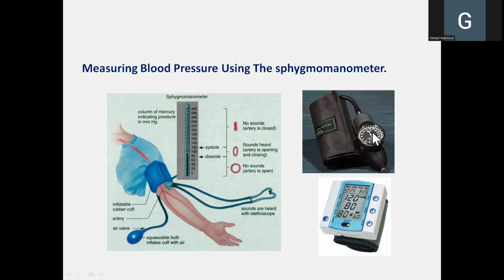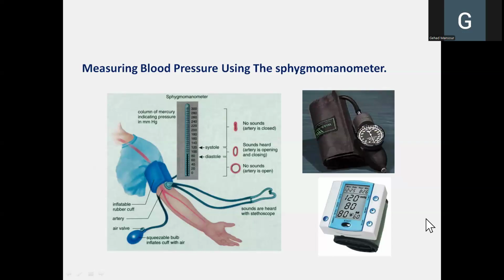You have another one that is not digital and does not contain mercury, like this one, and that is called the aneroid sphygmomanometer. And then you have the traditional, classic sphygmomanometer, which is the older one, and it is the more accurate one.